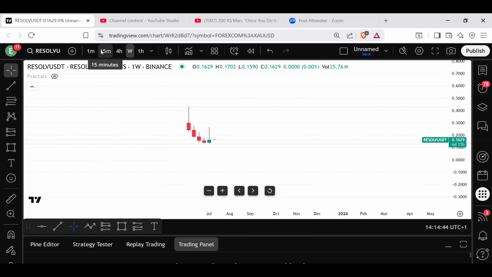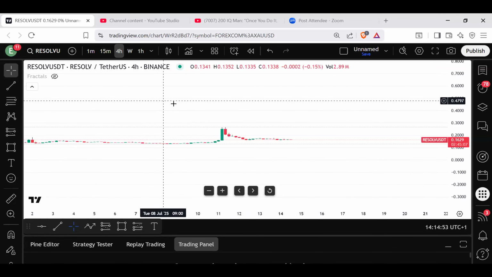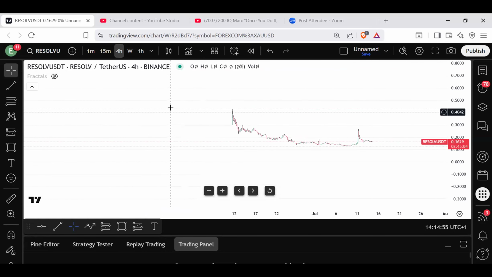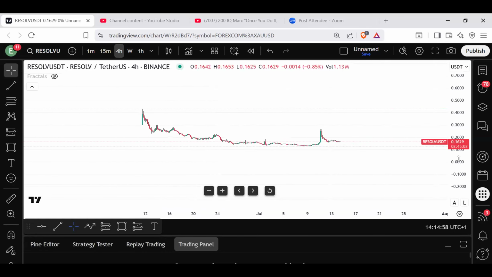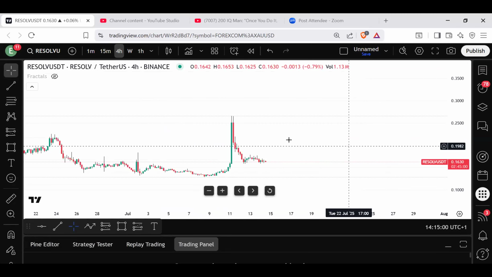Instead, you come down to lower time frames for your analysis. Even 4 hours is still not enough, but 4 hours we will still get something. Exactly.